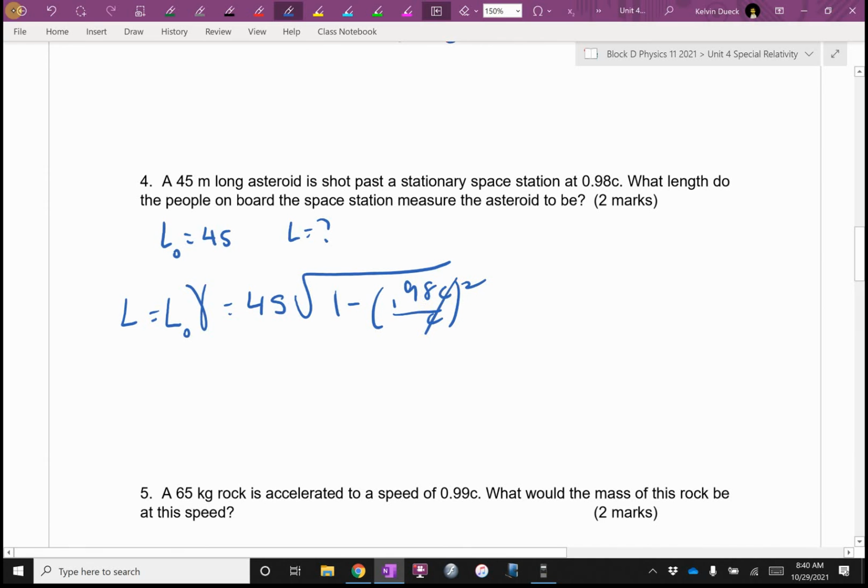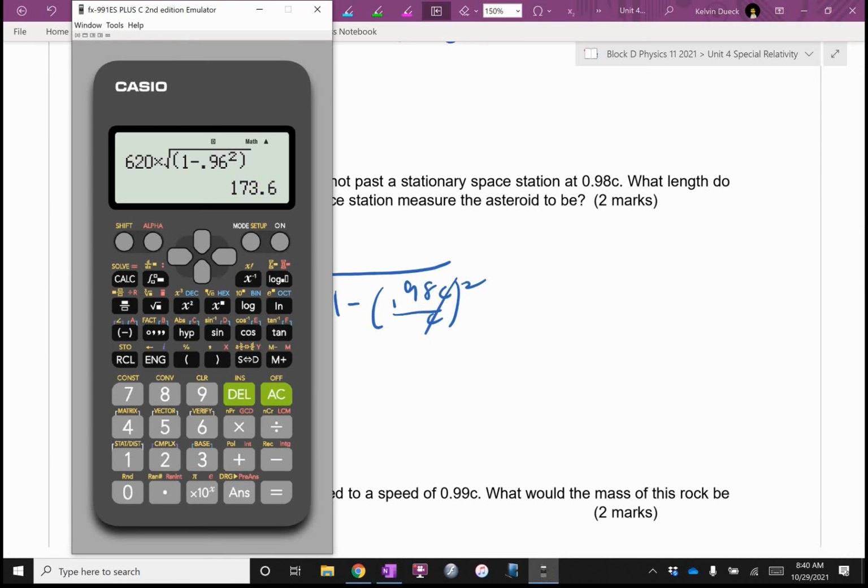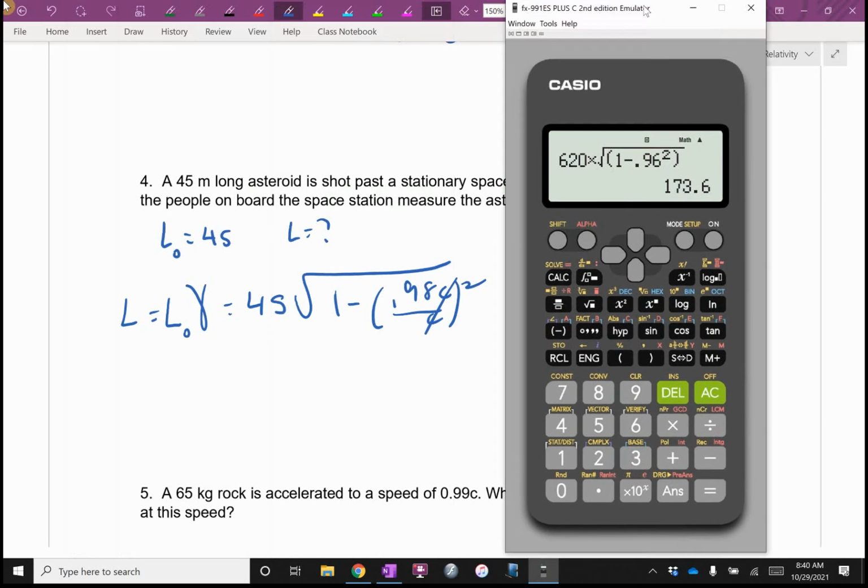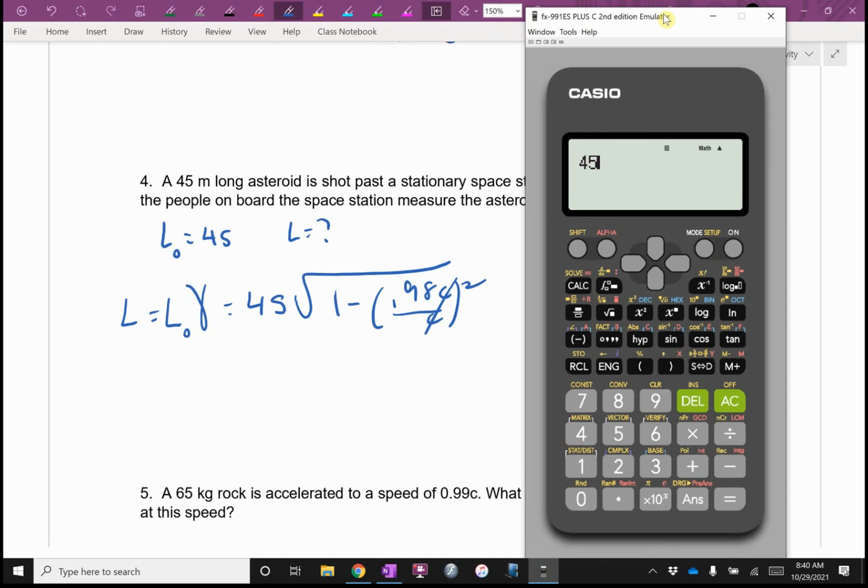Do you see? Do you see? Yes, I see. And I'm going to get 45 times the square root of bracket 1 minus 0.98 squared. Oh, yeah, that works. Close bracket. And do you get 8.995 or 8.946?